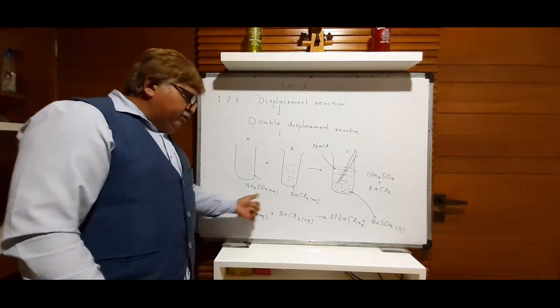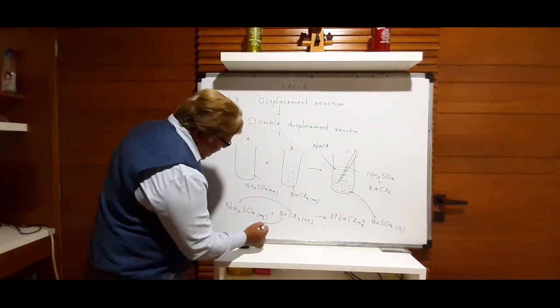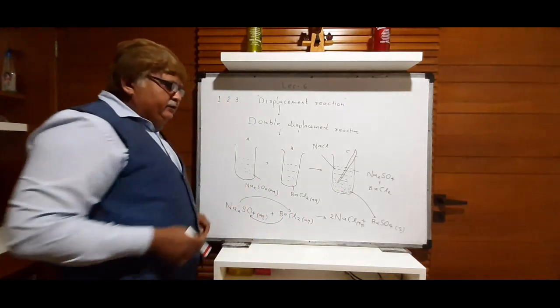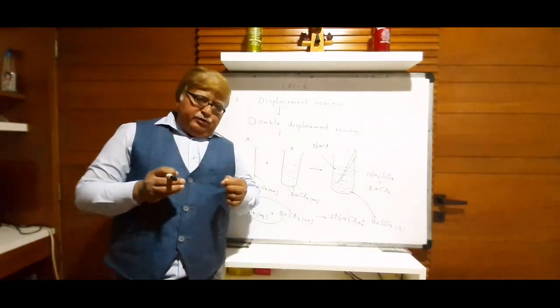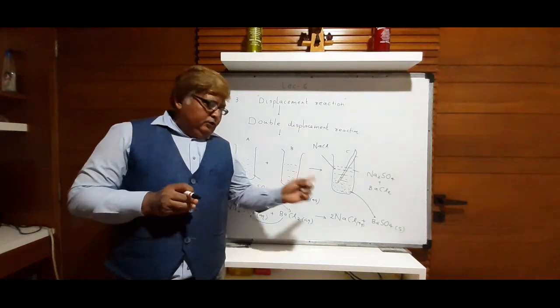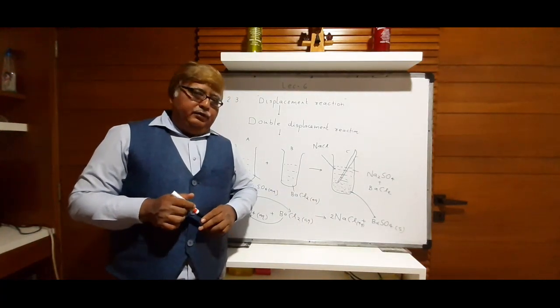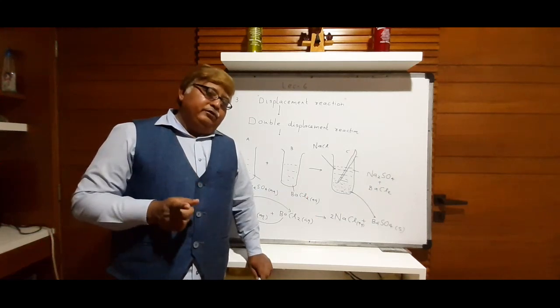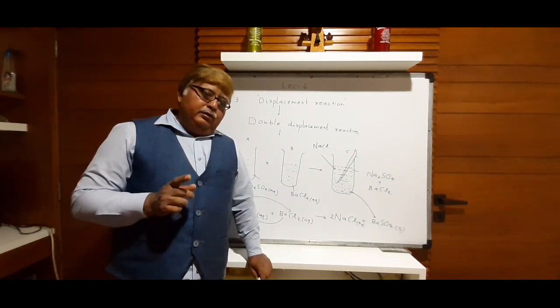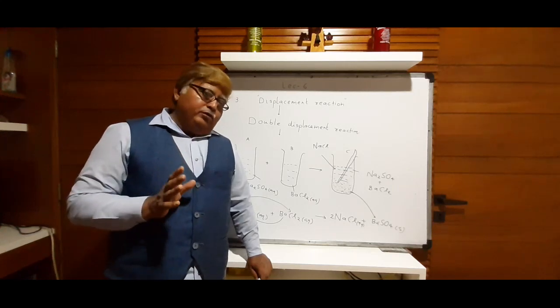Understand? Because exchange of ions took place here, this and here this, between two compounds, and as a result, two new compounds are formed. So that's why this is known as double displacement reaction. Understood?